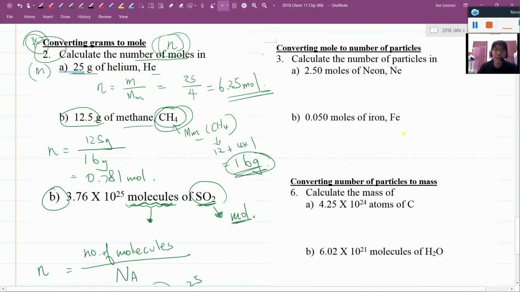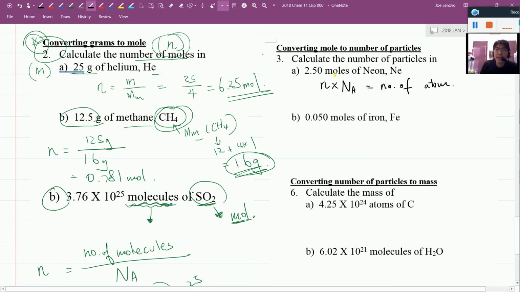Then the third situation is to convert the mole into number of particles, which also involves our Avogadro numbers. So for the number of moles that we have, if we times it by the Avogadro number, it would give you the number of atoms, particles or molecules.